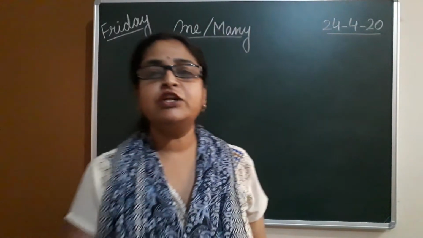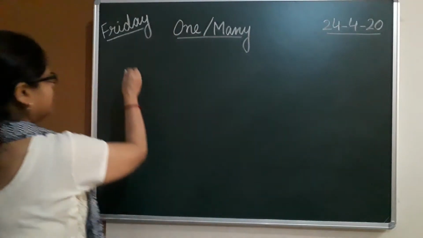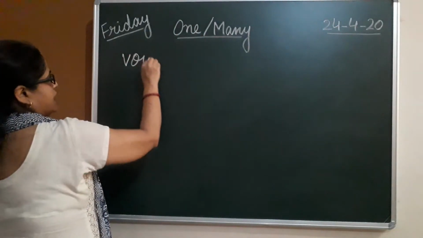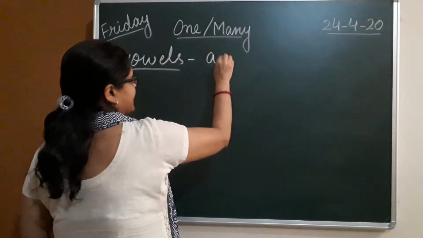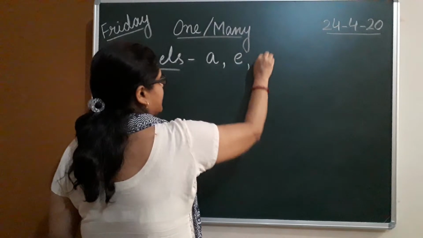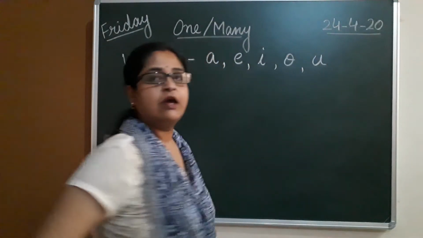So children, I hope everybody knows what are vowels, isn't it? What are vowels? Everybody knows what are vowels. They are A, E, I, O and U. Very good.